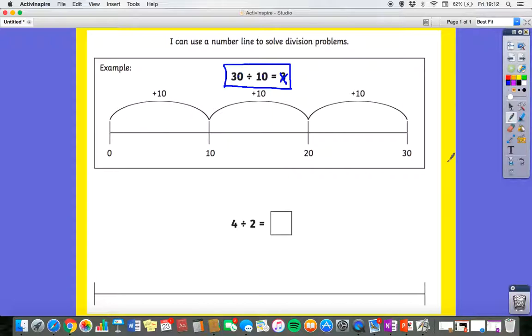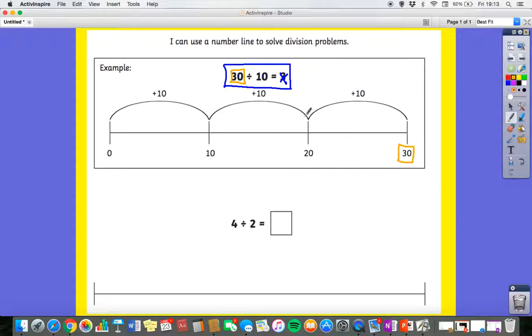Okay, so I've got my number line and I'm going to start at 0. For all of these, I'm always going to start at 0. Now here's my finishing point. I'm going to use some colour coordination to help us. So 30 is my finishing point. So I should be stopping at 30, if I have nice equal groups.